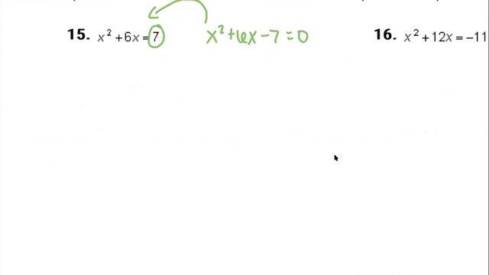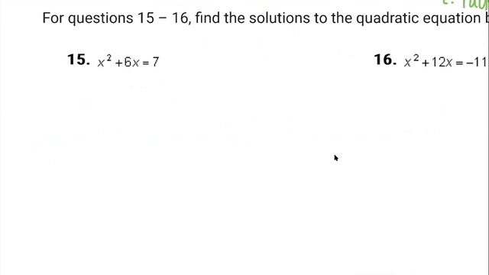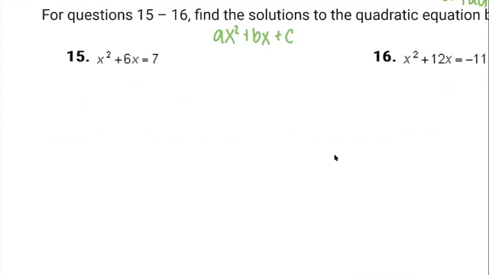All right, so let me erase this. We are looking for b divided by 2. And when I say b, because we have ax squared plus bx plus c, that's our quadratic equation. So our b value over here is equal to 6.